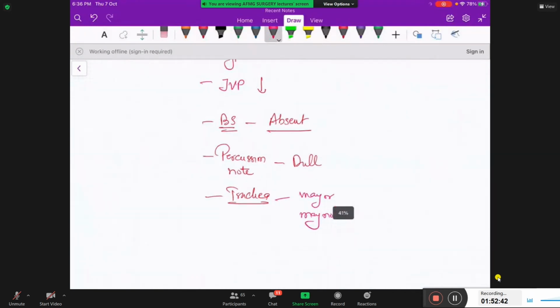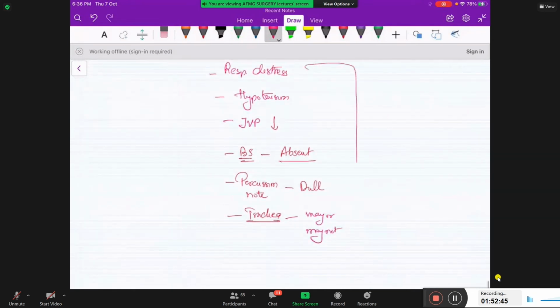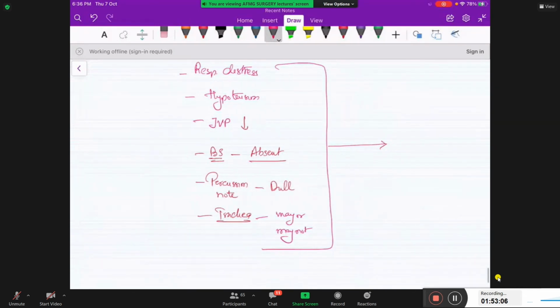So if you find any of these signs, please be very, very careful to make out in a given question whether the examiner is checking you on a tension pneumothorax or on a massive hemothorax. So once any of these are there in the given profile, we should immediately do what? Here, we will immediately put in a chest tube.